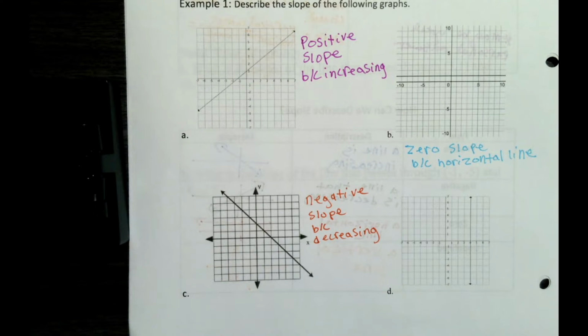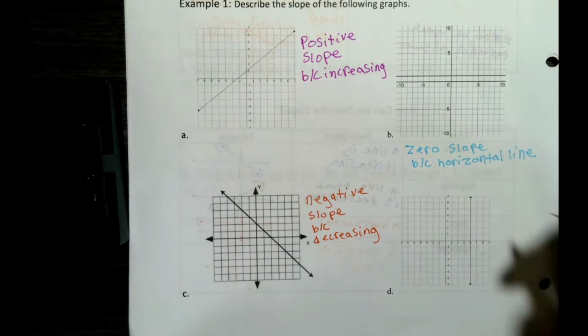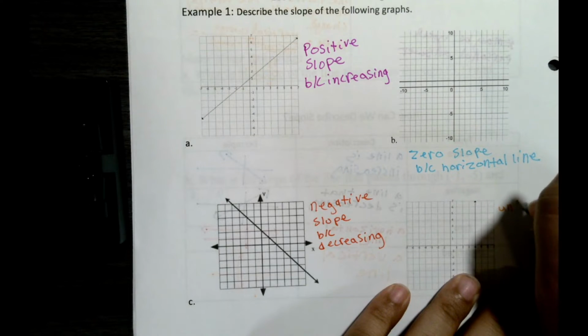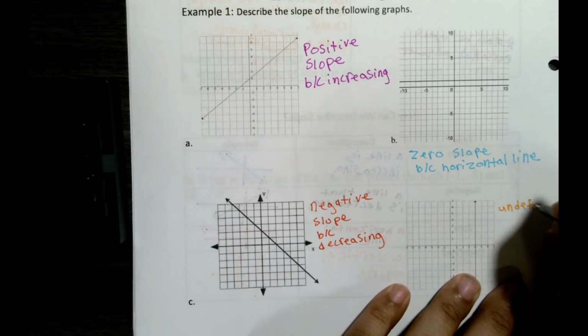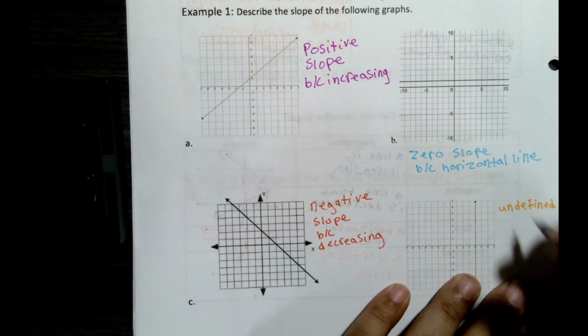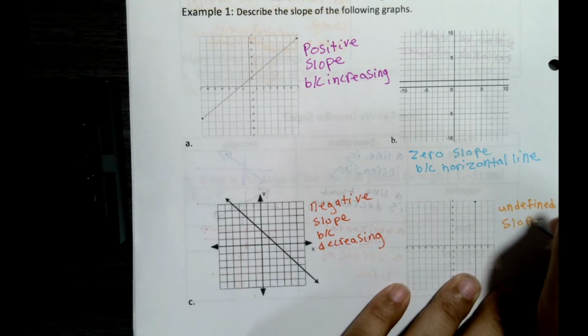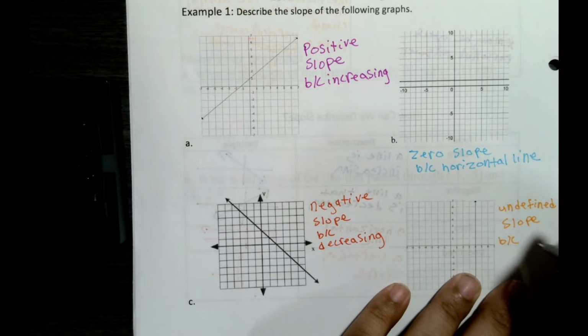Okay, and last but certainly not least, we have a vertical line. So this would be an undefined slope because it's a vertical line.